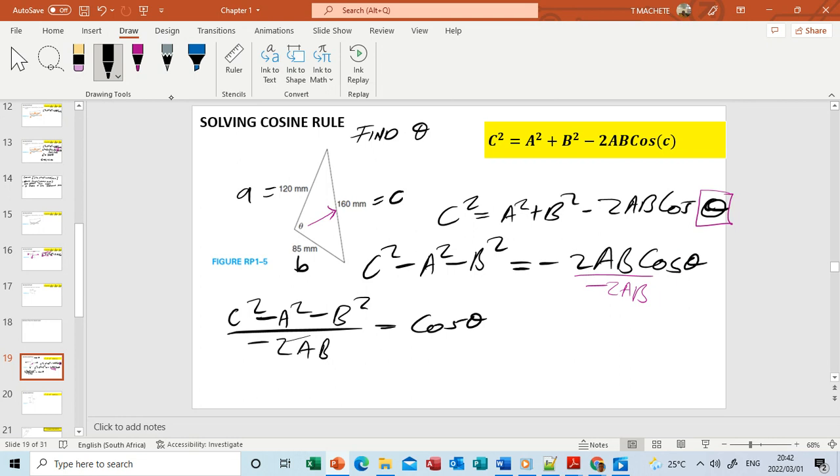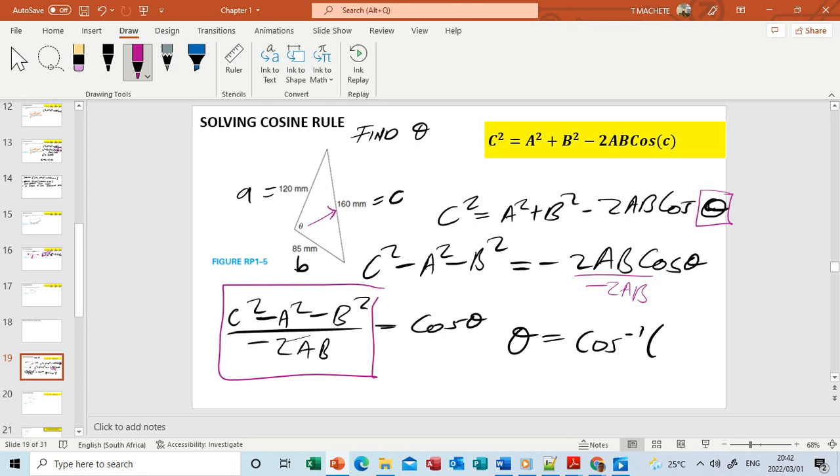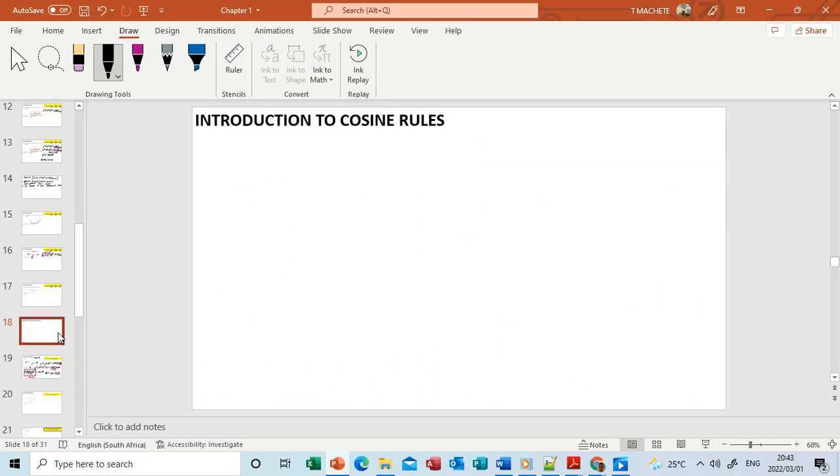You know that you don't want cos theta, you want theta. So theta will be equal to arc cos of this whole thing. Just because of space, I'm going to say x, so here it's going to be x, that whole thing. Let me get a paper.